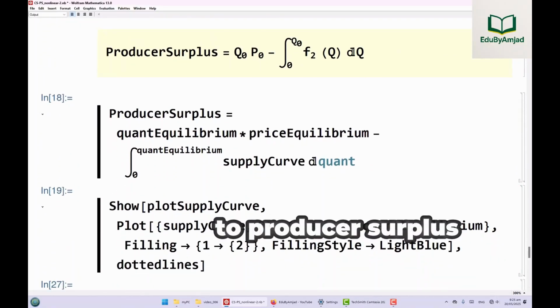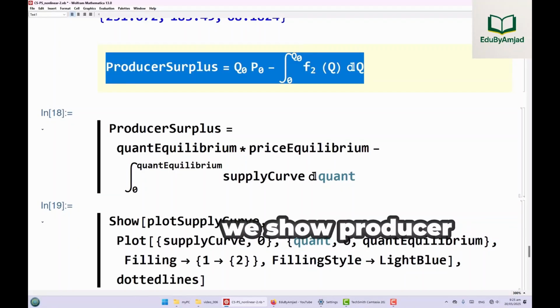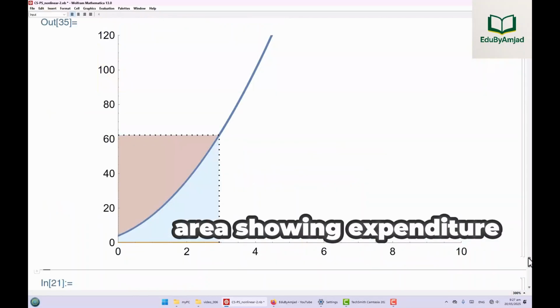Now let's turn to producer surplus. Using calculus and mathematical economics, we show producer surplus as shown here. This is the rectangular area showing expenditure.